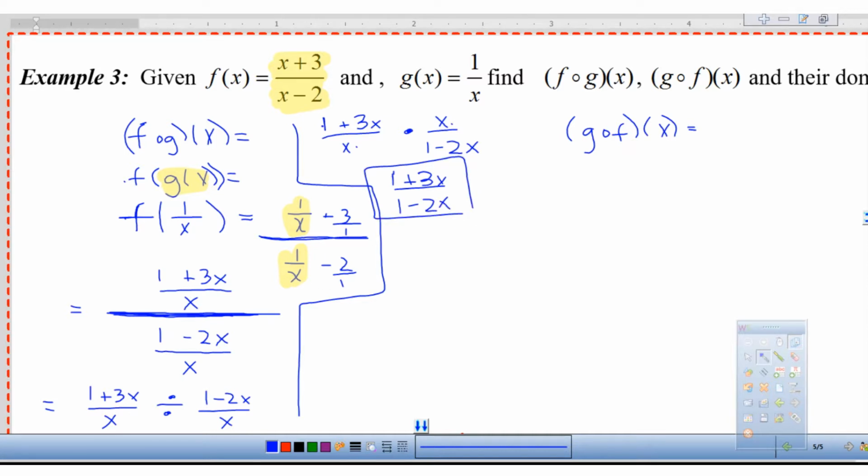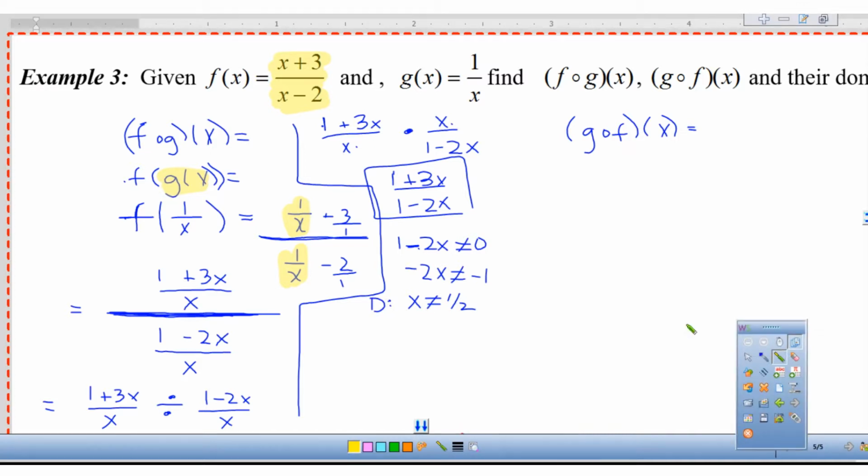Okay, now they're asking me to find the domain. What came out? You have an x on the bottom. So that tells you that 1 minus 2x cannot be equal to 0. That means a negative 2x cannot be equal to a negative 1. That means x cannot be equal to 1/2. So that's a restriction. Okay, now look at what went in.